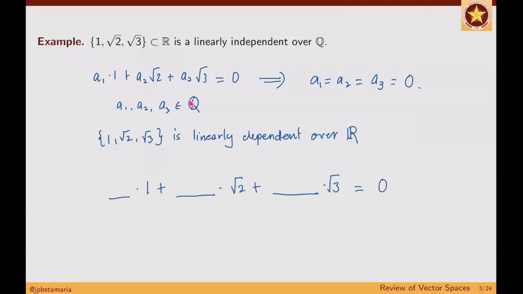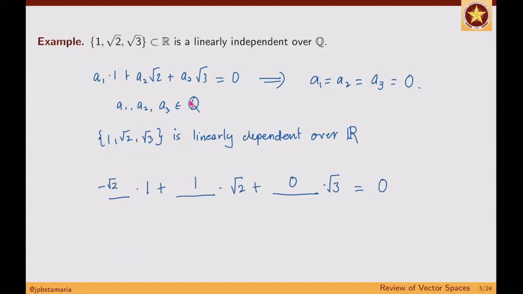Alam niyo paano? O di gawin kong zero to, so may pag-asa pa ako sa dalawa. Ito gawin kong 1, tapos ito gawin kong negative square root of 2. Allowed na kasi ngayon yung negative square root of 2 to become a scalar dahil over R na tayo. Kaya ang linear independent, di ba zero yan? Okay.